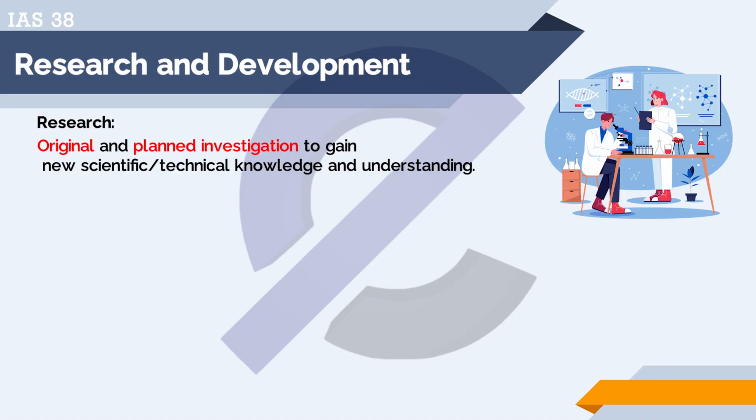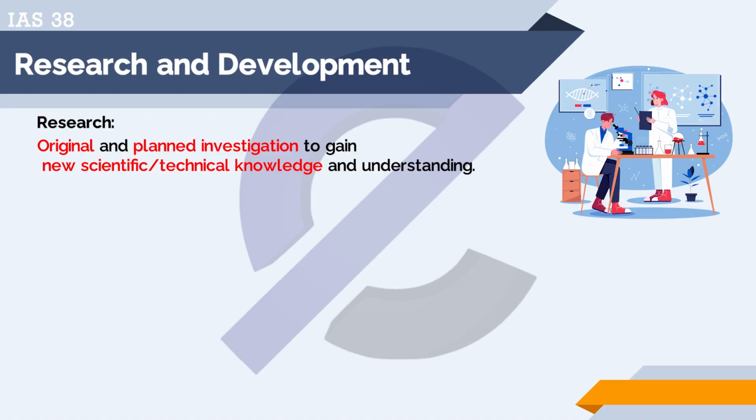So for an expense to be even classified as research expense, it needs to be original and planned investigation. If the investigation is not original and not planned, I am not saying it is not an expenditure of the business. It is still an expenditure of the business, but it cannot be classified as research expense. Now, the second part of this definition is that it has to be there to gain new scientific and technical knowledge.